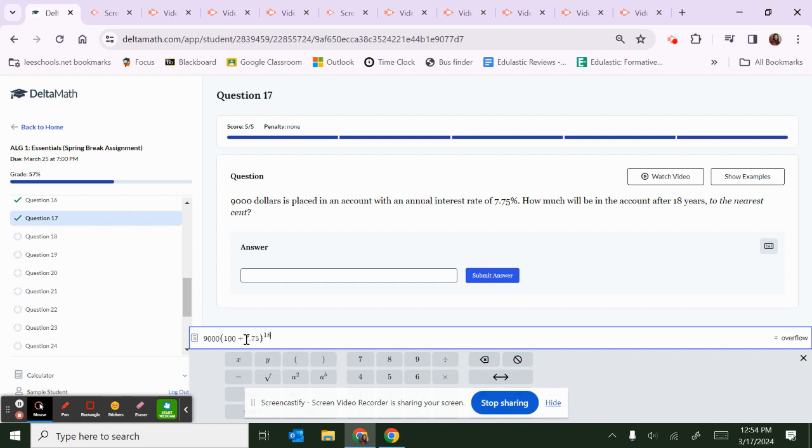But if you realize it says overflow right here, so what you're going to do is convert both of these numbers, the 100 and the 7.75, to a decimal, because we need decimals in here. So I would move the point that's right here 2 times to the left. So 1, 2 would be here. Looking at the 7.75, I move it 2 times to the left, 1, 2.